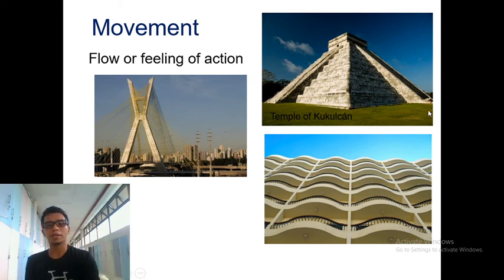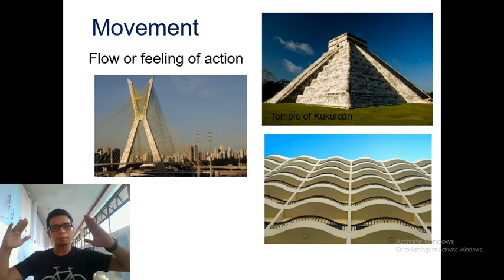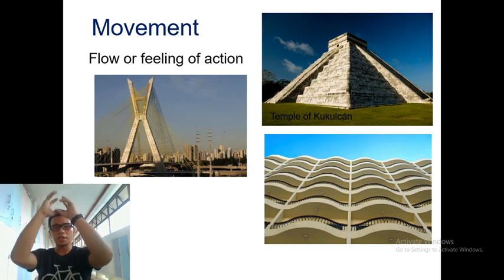Same thing with this ziggurat or ancient step pyramid. O yun yung tawag dito, yung temple of Kukulkan. This is in Central America. No, this is ziggurat. So ano to? Movement from the ground going to the most important part of the structure, which is the fire altar or the temple there, wherein they are doing the ritual.